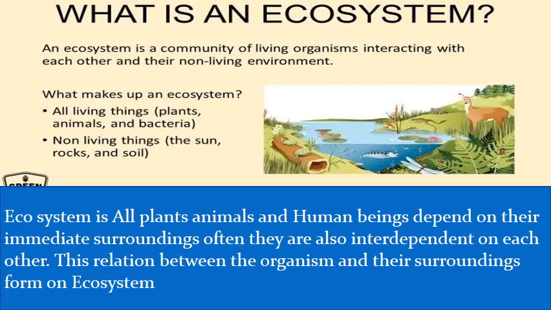Now we have a new topic about ecosystem. We have a question, students. What is an ecosystem? This is the answer. An ecosystem is a community of living organisms interacting with each other and their non-living environment.